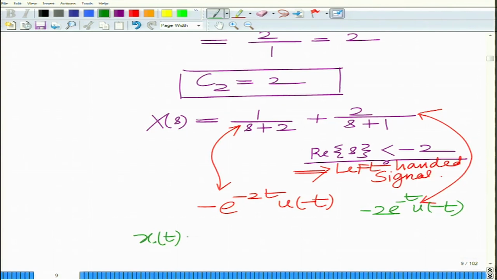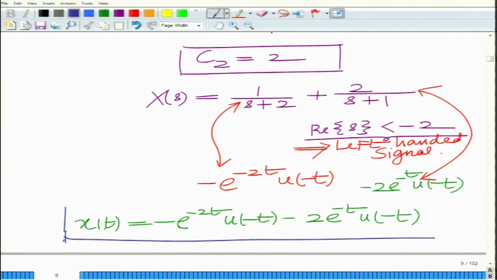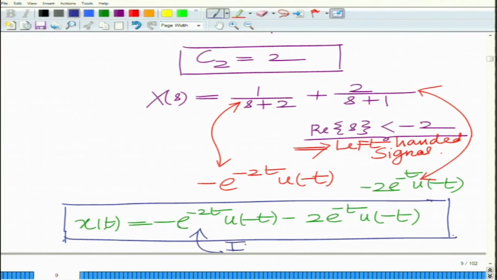Therefore, the net signal x(t) is minus e raised to minus 2t u(minus t) minus 2 e raised to minus t u(minus t), and that is the net time domain signal, the expression for the inverse Laplace transform.